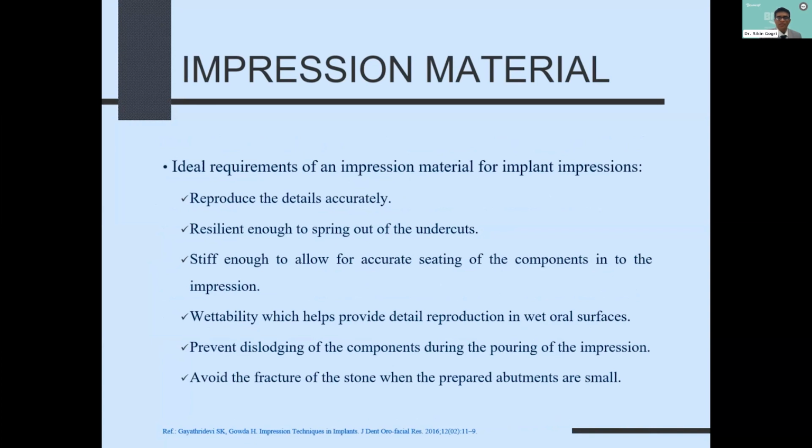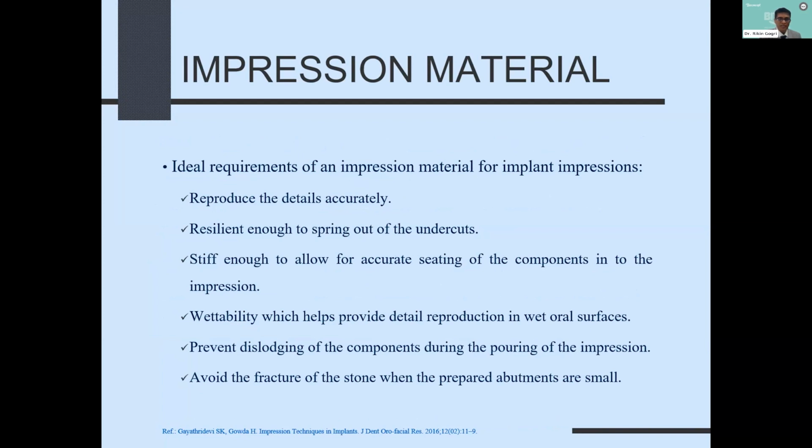Now, what is important is the impression material. We have many, but we will just go with the basic right now. Ideal requirement is what we should emphasize on, depending on what your market and your demographics allow. The choice of material should remain the same. Company and product can be of varied choice.